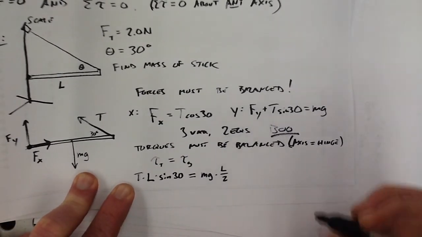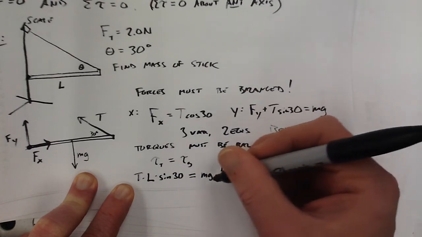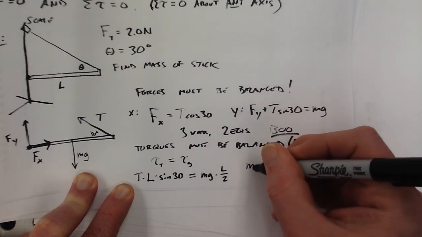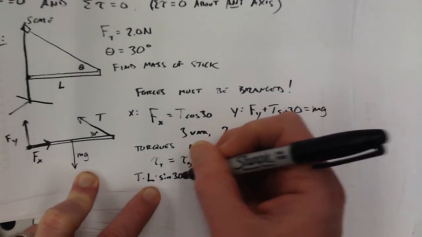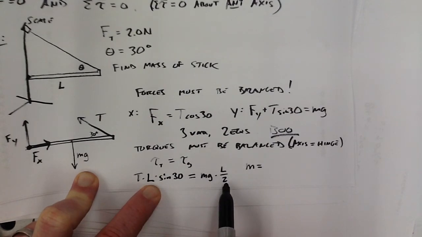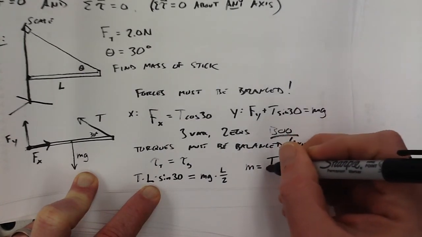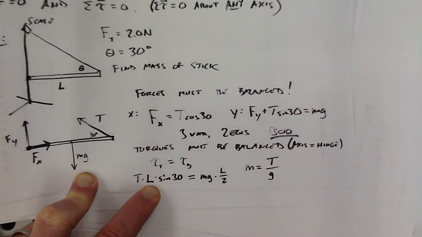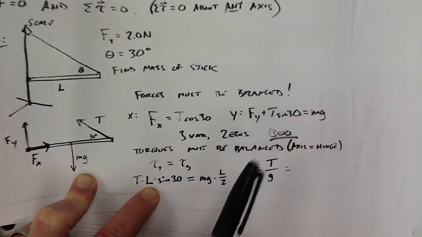And that is our equation. Notice that the L's cancel out, so what am I solving for? M here, so M is going to be equal to, the sine of 30 is 1/2, so that 1/2 and this 1/2 cancel, so it's just going to be T over g in this case. Oh, and I guess we knew what the tension was.